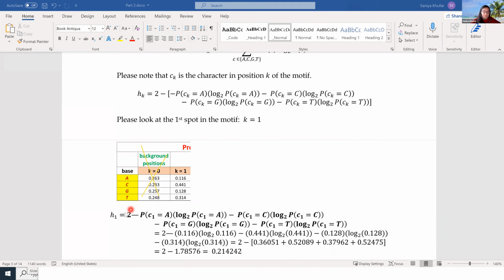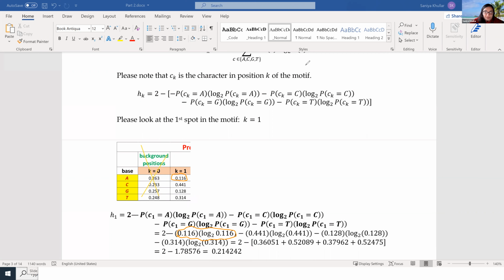So what we see here is we're going to use formula 2 right here, minus this whole formula, and it becomes this 0.116. So this 0.116 maps to this part right here.